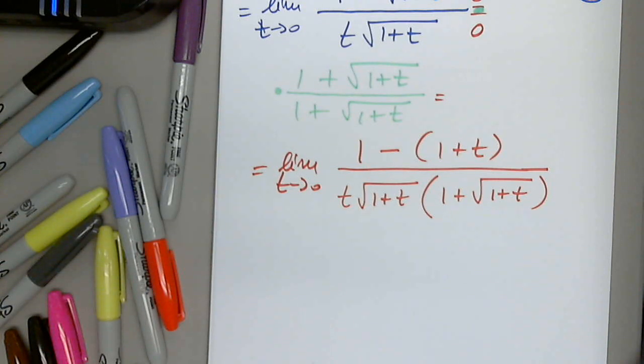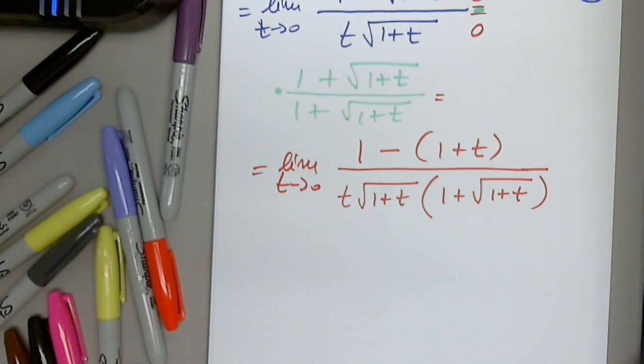I expect this t to go away with the t from the top, if the limit exists. Because this is not a problem when I plug in 0. This is not a problem when I plug in 0. This is the only problem. And if I can get it simplified with something like it at the top, then we're in business. If it doesn't go away with something from the top, then the limit may not exist.